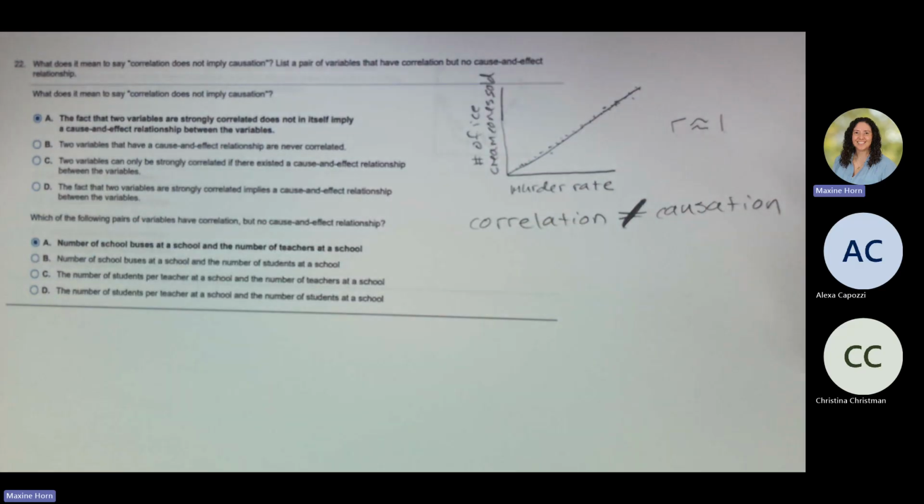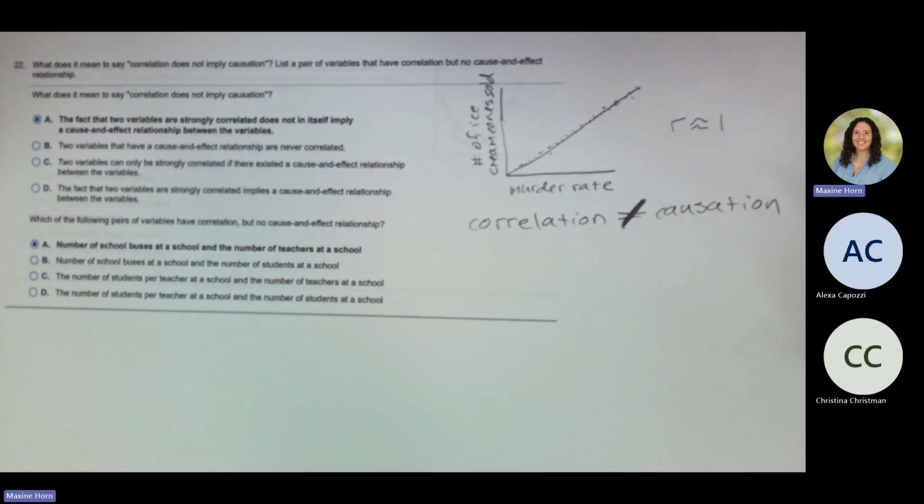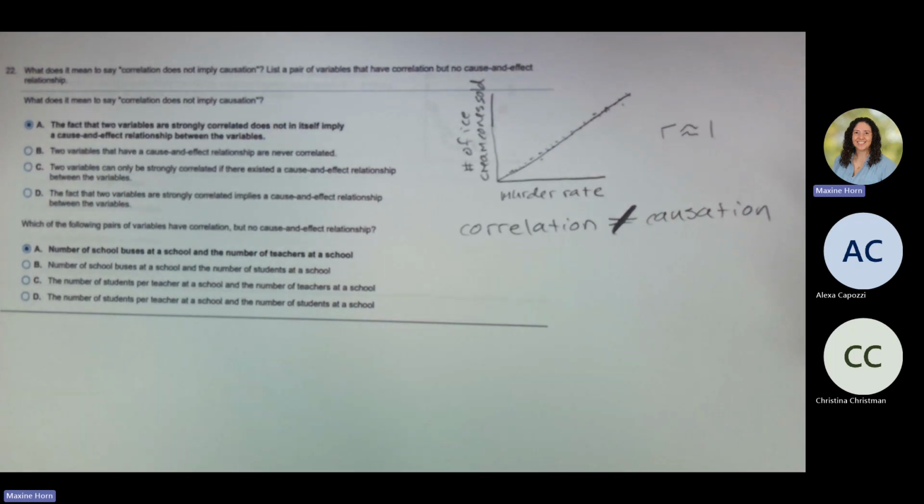There could be a variety of things that make a super strong correlation coefficient. One of them could be that there is some type of link. In this case, the link was something to the effect of: when it's hotter outside, violent crime increases. That's something studies have shown, that generally the hotter it is outside, violent crime increases.